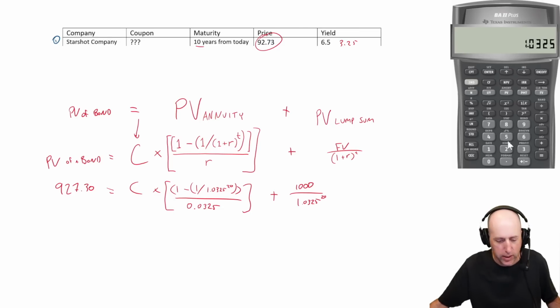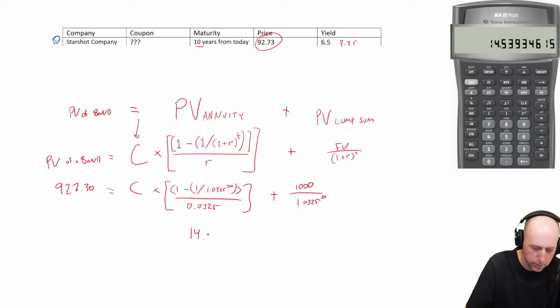1.0325 to the power of 20 equals 1.895. 1 over x, 0.5275. 1 minus that equals 0.47. Divided by 0.0325, I get 14.54.